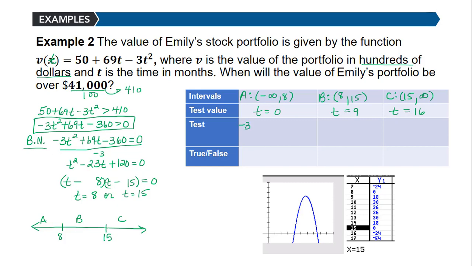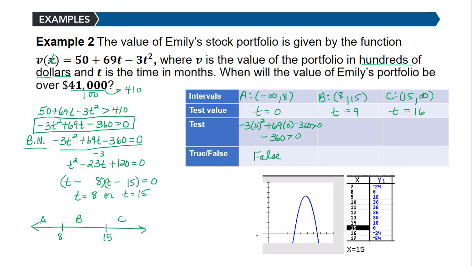So that would give me -3 times 0 squared plus 69 times 0 minus 360. Is that greater than 0? Well, no, that gives me just -360, which is not greater than 0, so it is false there. And I could also see that because to the left of 8, the graph goes down.